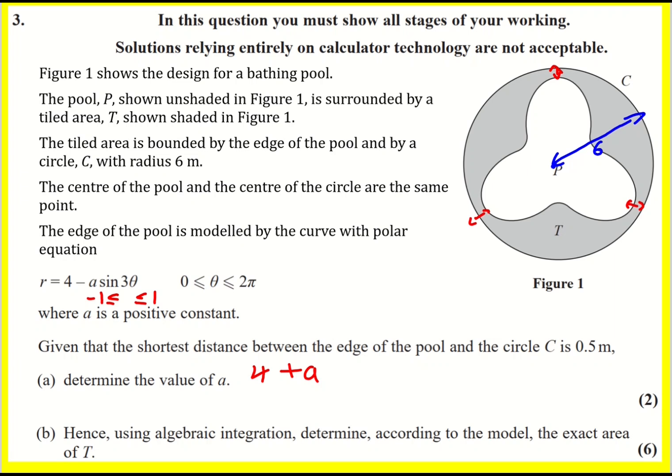If it's equal to -1, we'll get our biggest value of r, that corresponds with up here. And so 4 plus a is going to equal 6 minus 0.5, because we're being told that that is 0.5. Or we could say that 4 plus a plus 0.5 is 6. But either way, we're going to get a equal to 1.5.